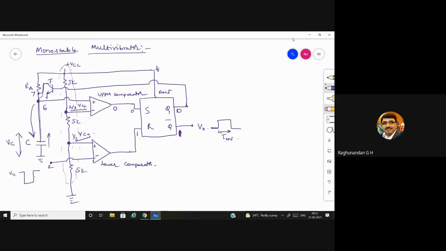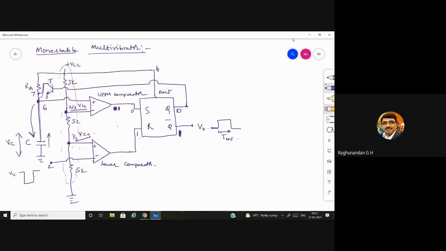Sorry, charging. The capacitor again starts charging. When the voltage across pin number 6, that is this node, is greater than this node, again the output of this comparator goes to high.